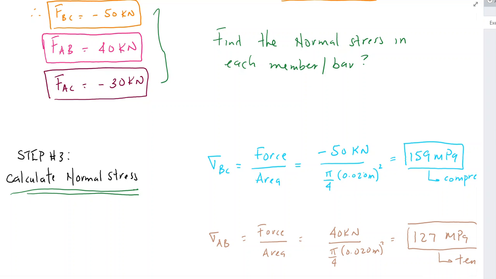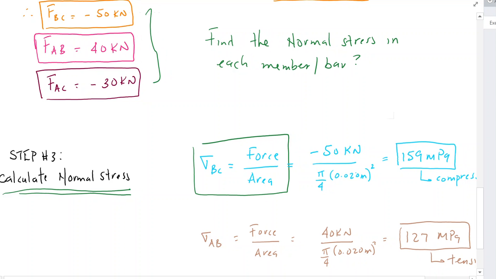So my normal stress, as we have outlined, is nothing more than force over area. And they told us that each bar is 20 millimeters in diameter. So for force BC, it's a negative 50 kilonewtons.